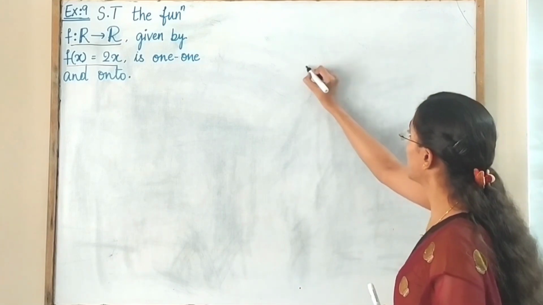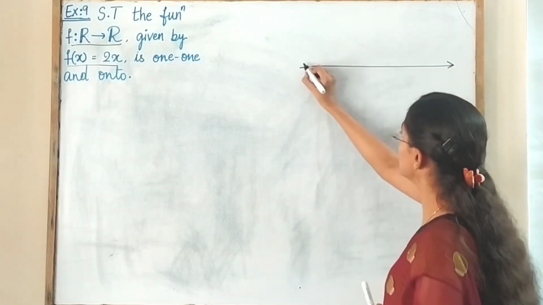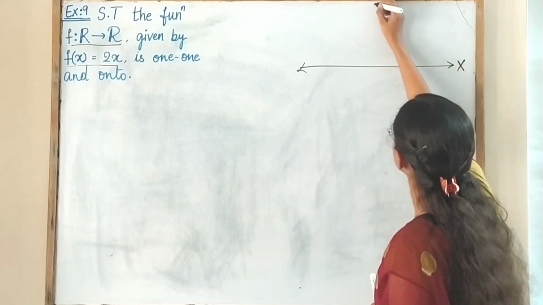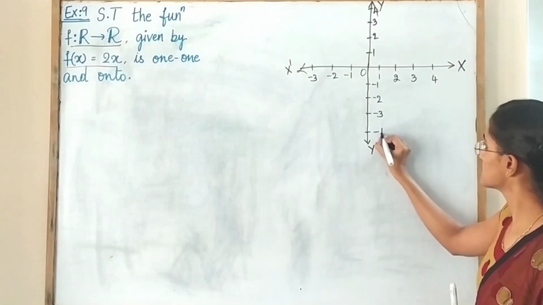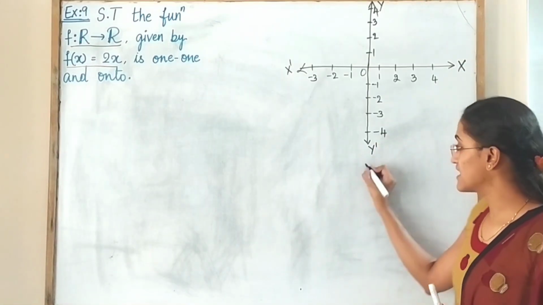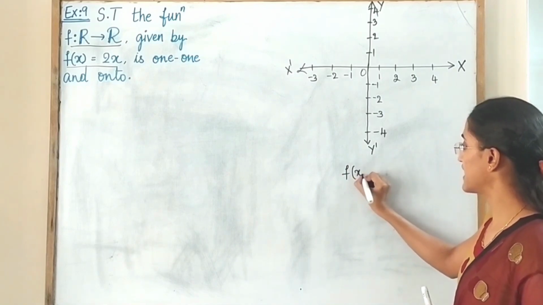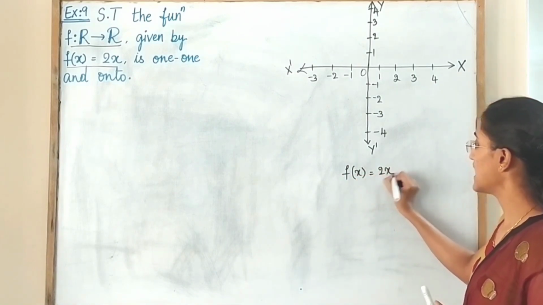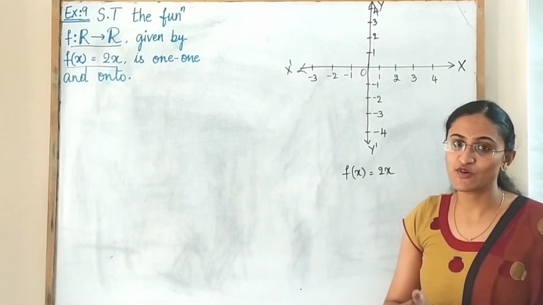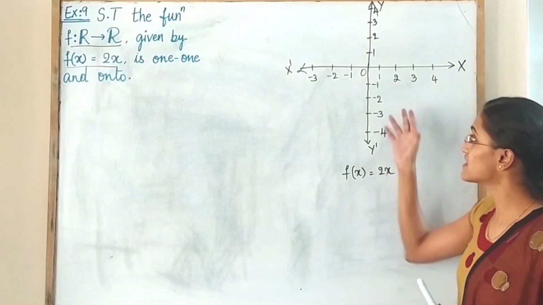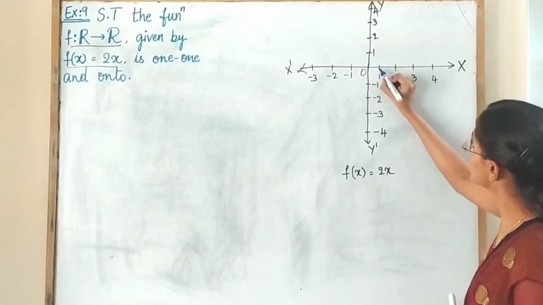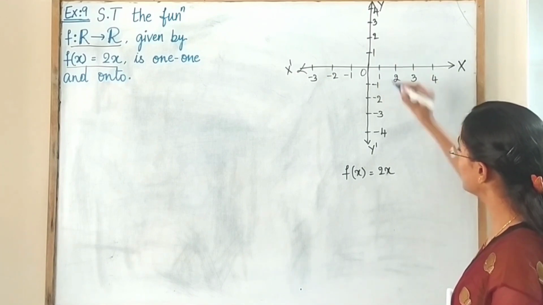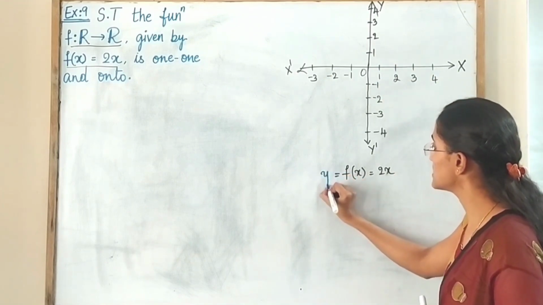That is, if I am having the x-axis and y-axis, considering two real axes, now the function is defined as f of x is equal to 2x. As per this function, if I am going to plot this in the graph, then if I am putting x is equal to 1, then the value of y, f of x is nothing but y.